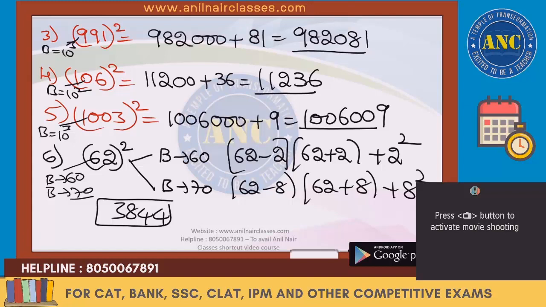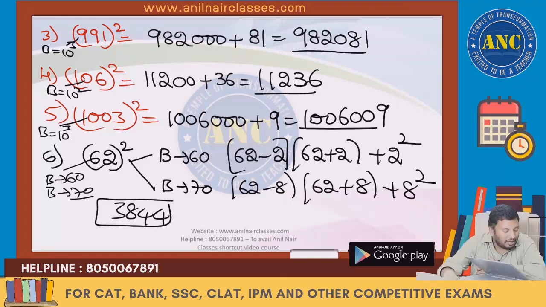A square minus b square is the best logic when the numbers are closer to multiples of 10 power k, that is, multiples of 10 that are nearer to the powers of 10. Everybody clear, right?